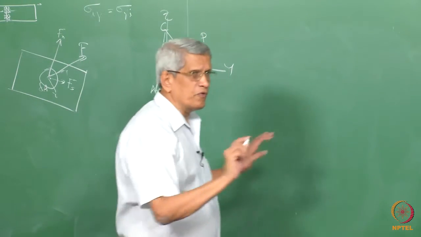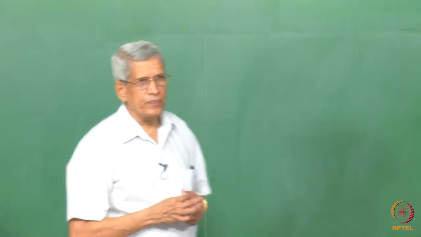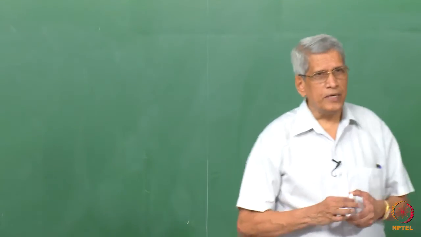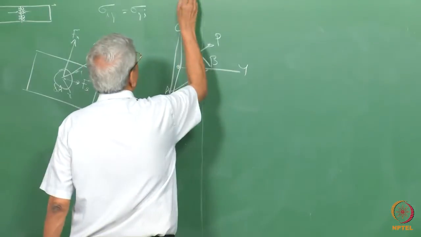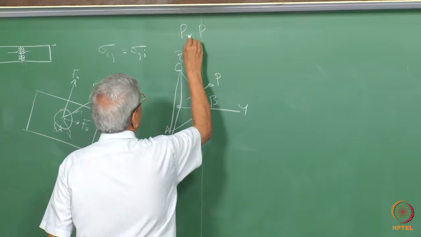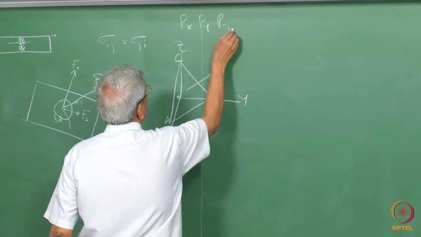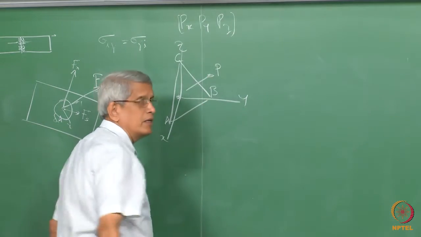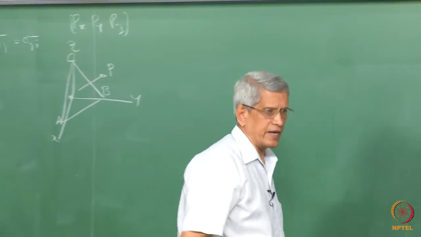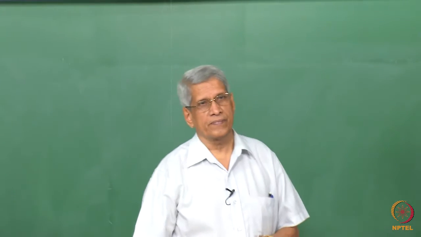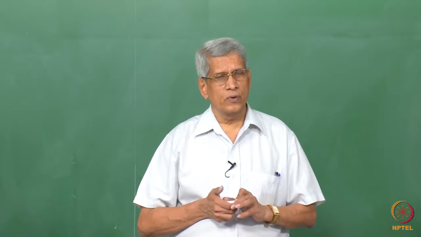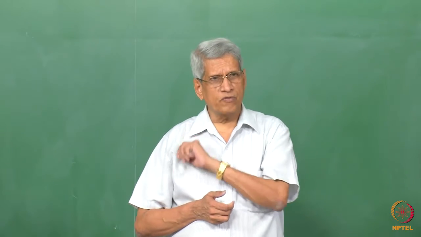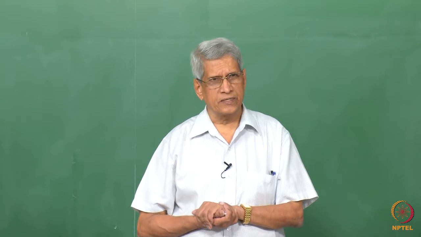What we want to know is the magnitude of P. Since P is a vector, it can have components Px, Py, Pz in the x, y and z directions, correct? Now this is the component of the force in the x, y and z directions.